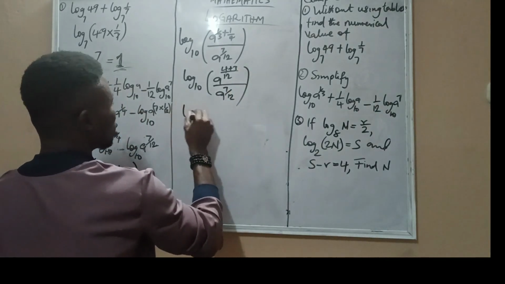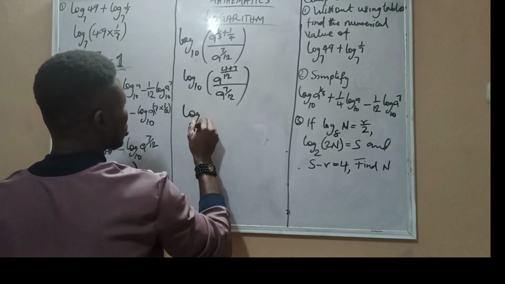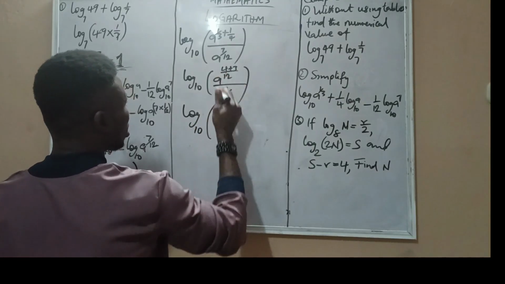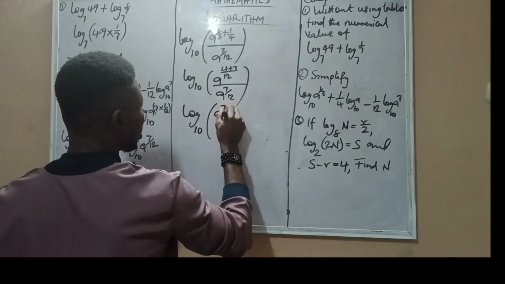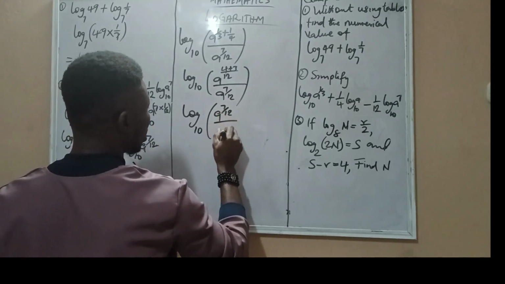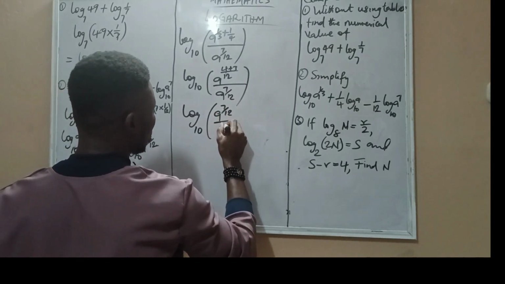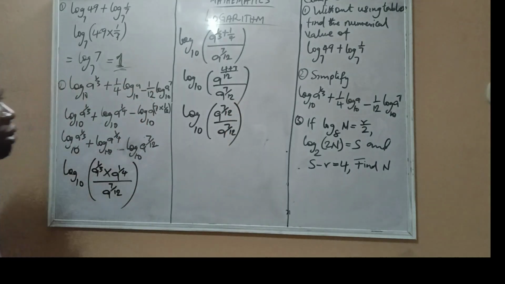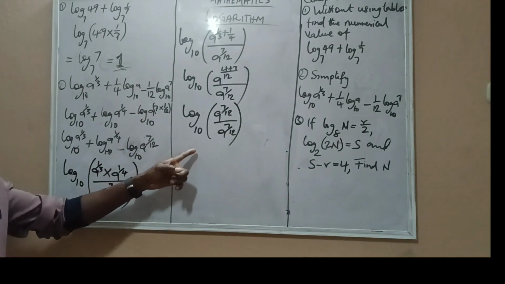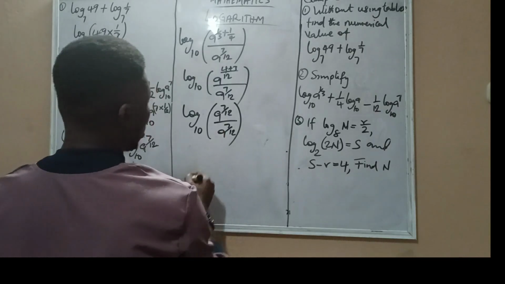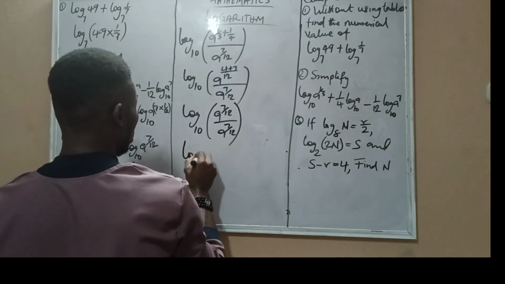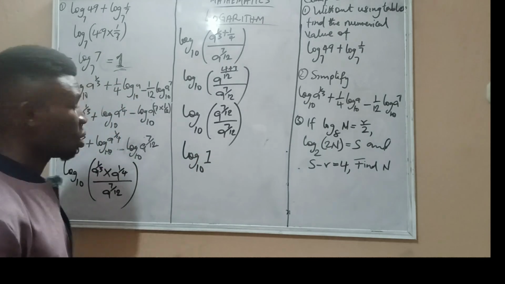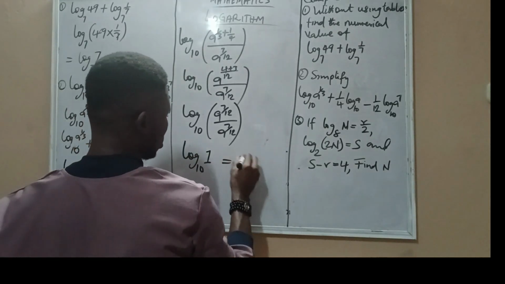And that is log to the base 10 of a to the power 7 over 12 over a to the power 7 over 12. And this is equal to log to the base 10 of what? 1. And log to the base 10 of 1 equals what? 0.